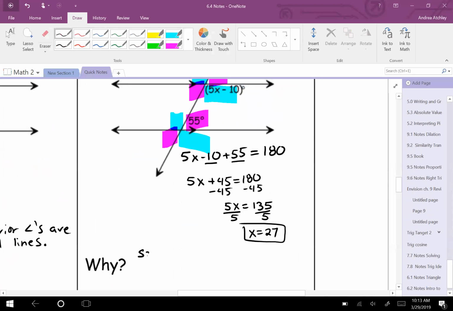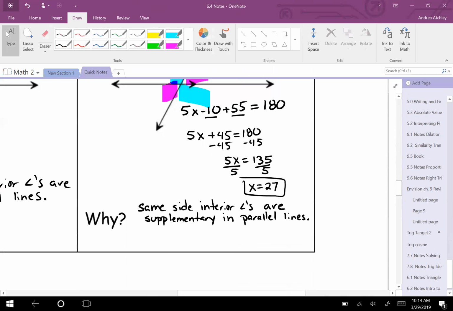And we say that same side interior angles, they're not congruent, are supplementary in parallel lines. Any questions over that? Very good.